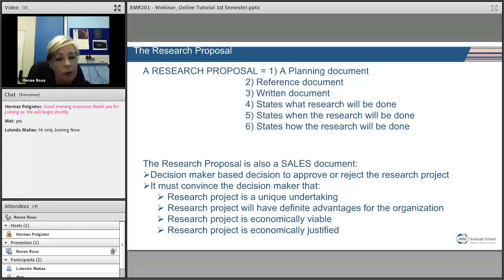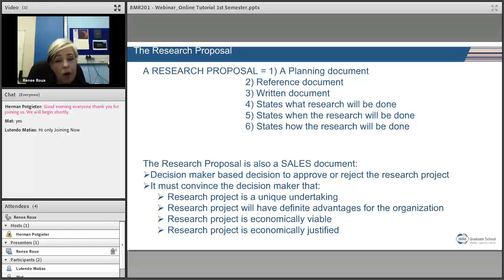And it will state what research you will do, when the research will be done, and how you will do it. The research proposal can also be, internally in an organization, a sales document. There will be a decision maker who will either approve or reject the research project.